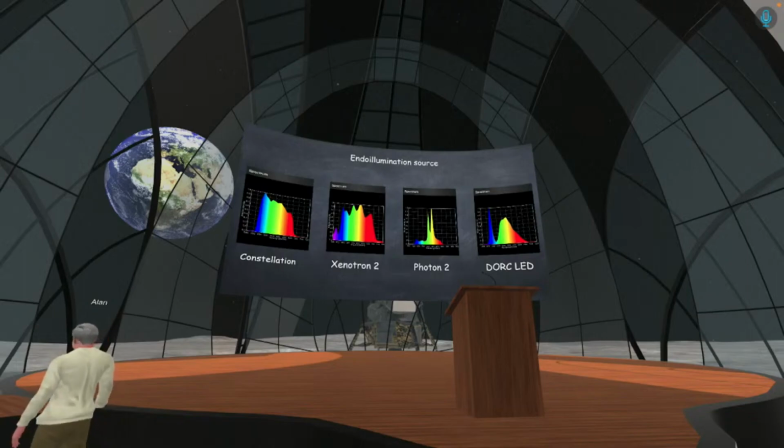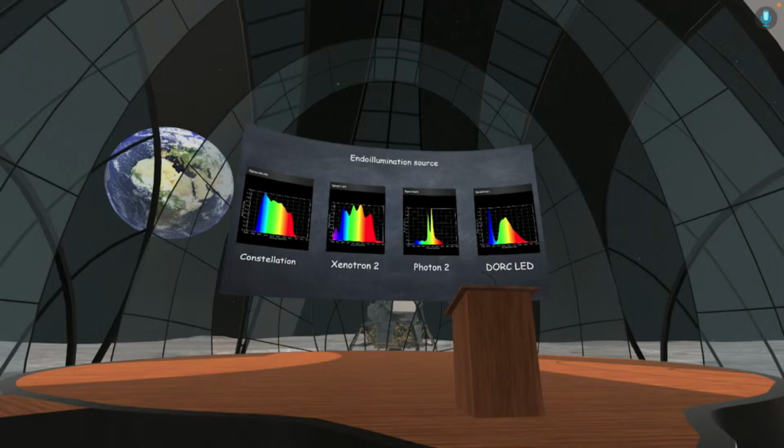On the left side, you can see the spectral signature of the Constellation. Then you can see the Xenotron, in which surprisingly we might find even ultraviolet spectra around 380 nanometers, which is a bit dangerous.